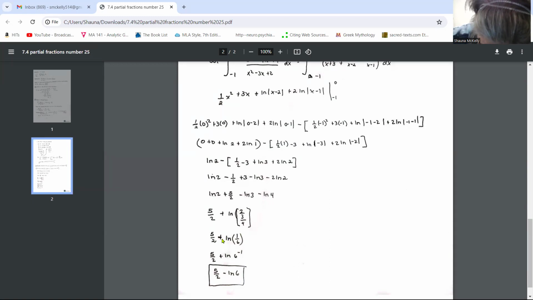So then we have 5/2 plus the natural log of 2/3 divided by 4. That's actually 1/6. Then I just turn this into a negative exponent, so it would look more like the answer key, and it's 5/2 minus the natural log of 6.